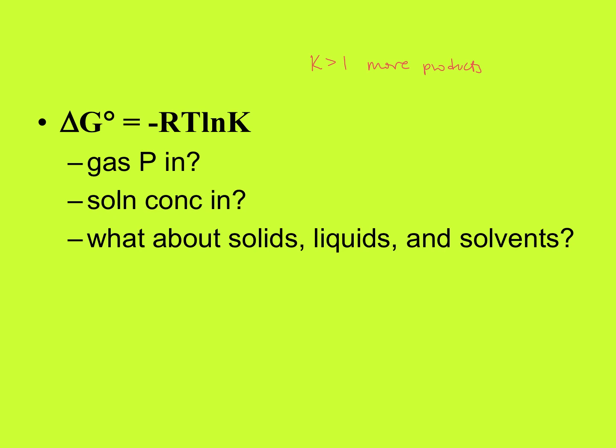Since that would imply that the reaction goes more to completion, since you're going towards the product, that implies delta G is less than 0. Because that means more thermodynamically favorable, meaning more product will happen. So if K is less than 1, that means more reactants are favored, and delta G is going to be greater than 0, which means less thermodynamically favorable.